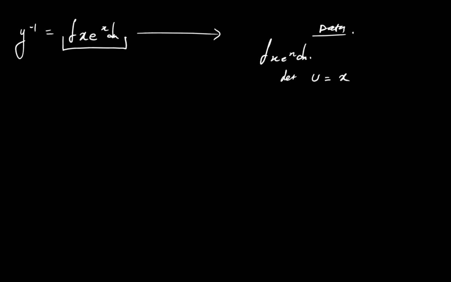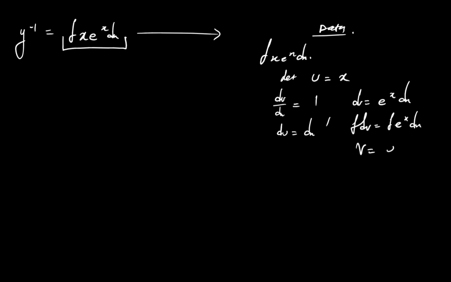So let u be equal to x, differentiate u, you have du over dx equivalent to 1, making du the subject, you just have dx. Now dv is equal to whatever remains, which is e to the x, integrating dv, integrating e to the x dx, you have v being equal to e to the x.